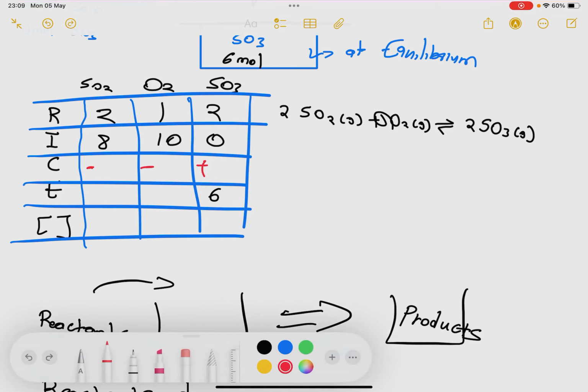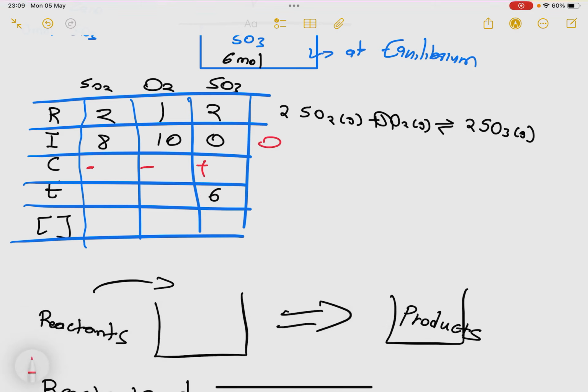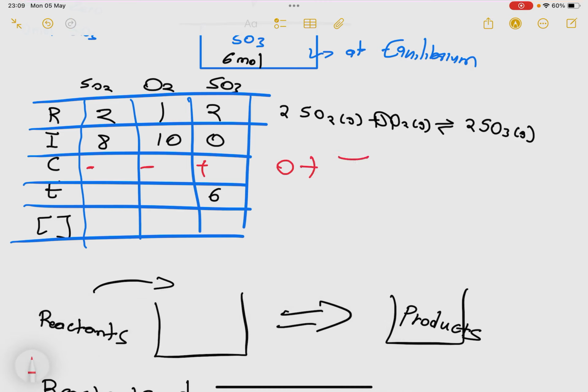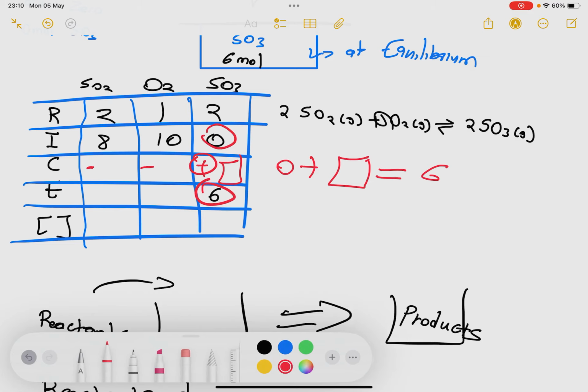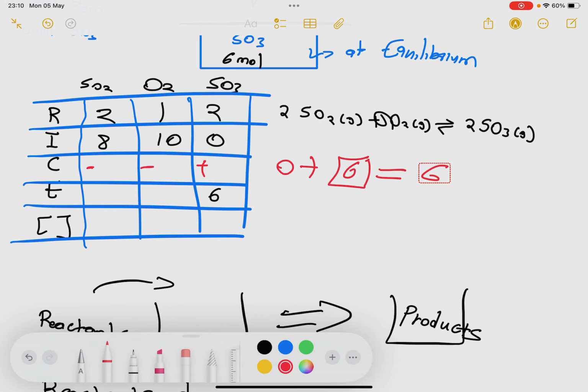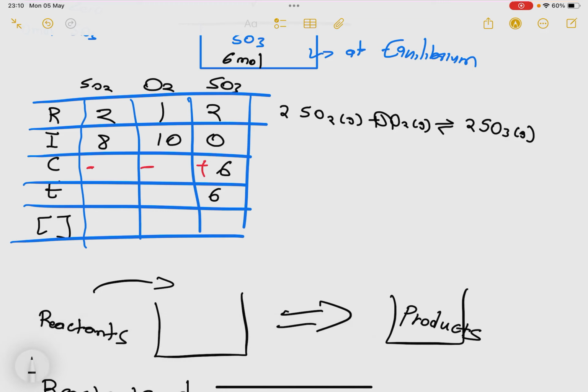We want to say 0 plus something equals 6. 0 plus, and then we have nothing, equals 6. So 0 plus what? Our answer is 6, right? So 0 plus 6 actually equals 6, isn't it? So in other words, here our answer is going to be 6.